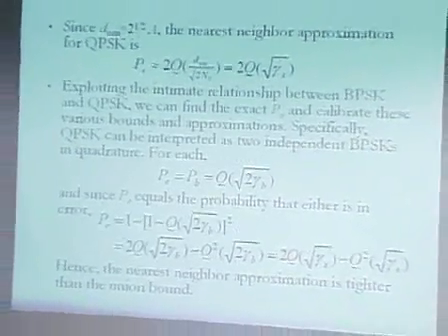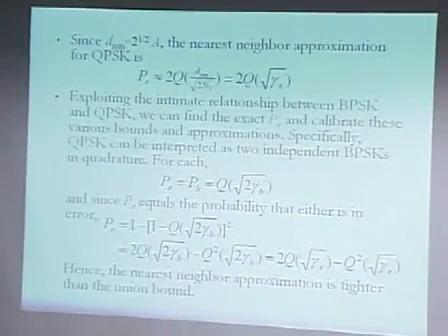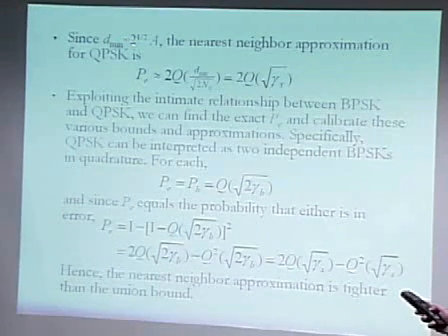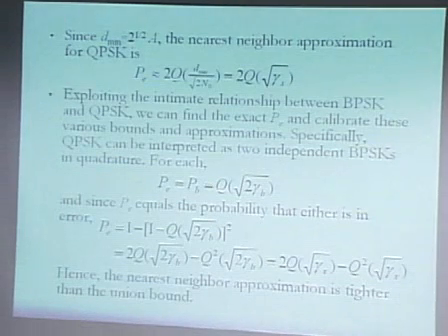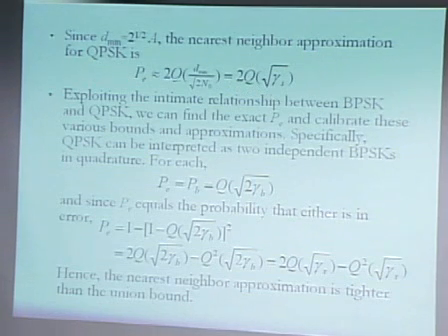Now let's look at the nearest neighbor approximation. So we have d min is root of 2 times A, and we have 2 neighbors per point, right? So each of these guys has 2 minimum distance neighbors. So we get twice the Q function of square root of gamma s, which is pretty close, right?